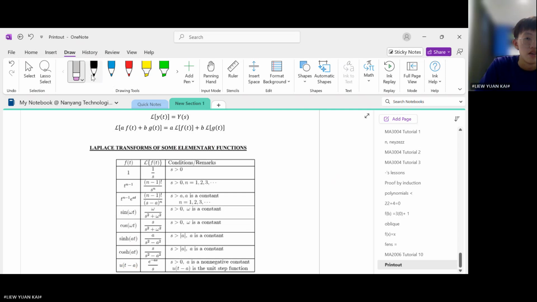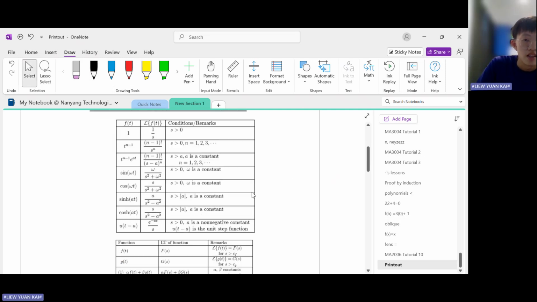So what does this table say? On the left-hand column, we have common functions, and on the right is their respective Laplace transform. So let's take a look at the first row. The first row says Laplace transform of this will give me this. The second row says Laplace transform of this will give me this, and so on and so forth.